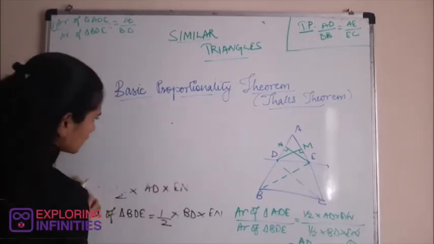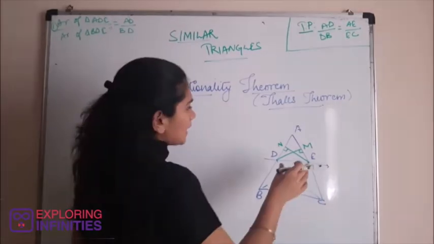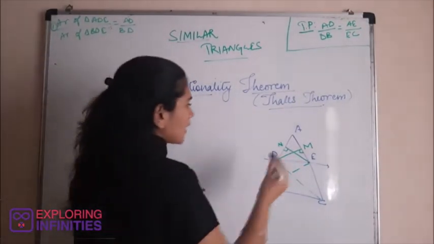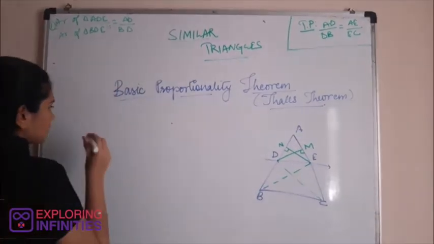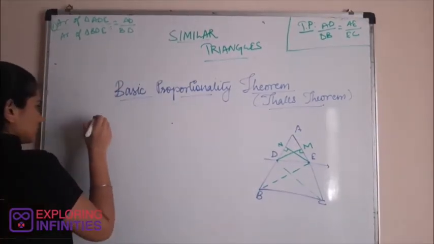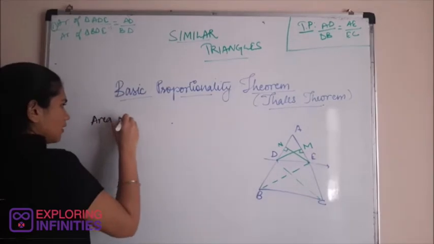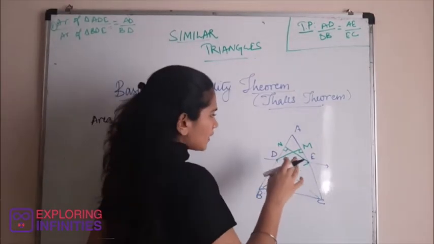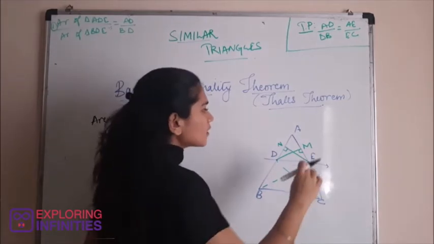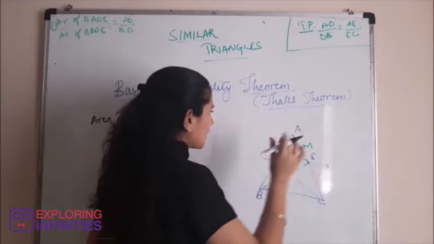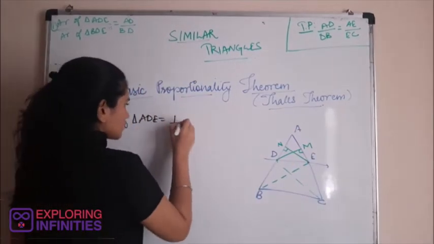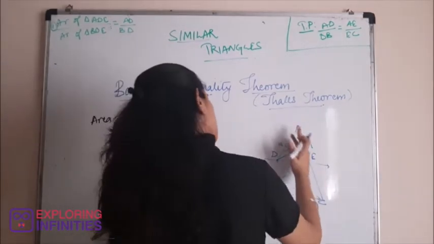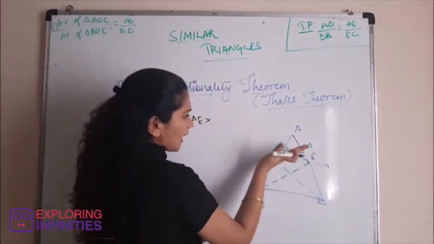Now coming to the other side, again we'll take the triangle ADE. What would be the area of triangle ADE? The area of triangle ADE would be again half of base into height. So here we can take AE as the base. So half of AE, if we consider AE as the base, then the height would be what?